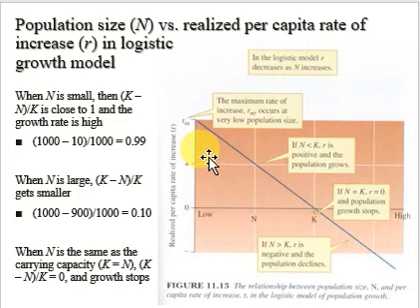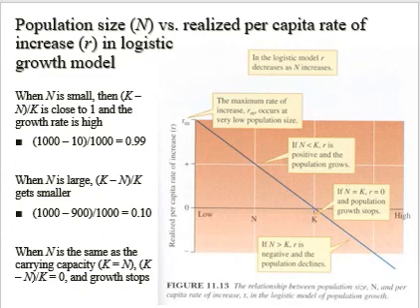So when N is small, the (K minus N) over K value is close to 1, meaning the growth rate would be high. And if your N value is large, that (K minus N) over K value gets smaller. And it usually moves in this trend until these values equal 0, at which point your growth will stop.